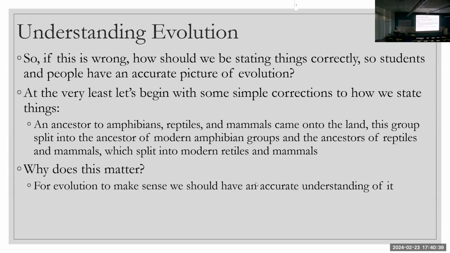So why does this matter? I think that for evolution to make sense, and for people not to poke holes in it, which, let's face it, oftentimes happens because evolution is under a lot of scrutiny, we need to have an accurate understanding of it.